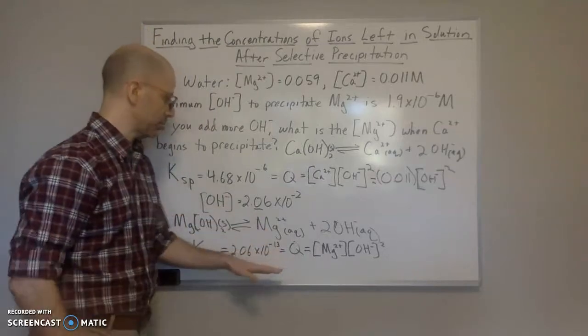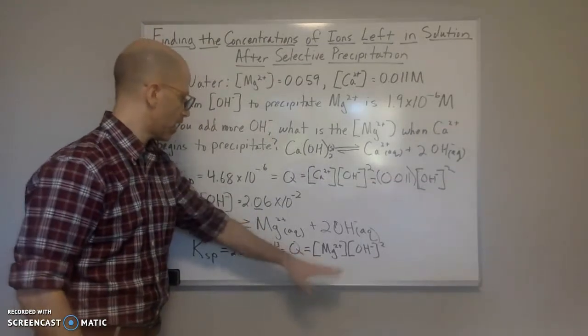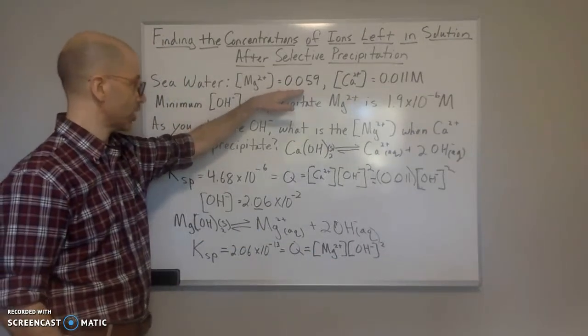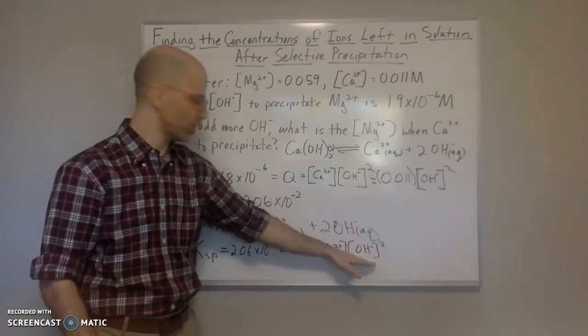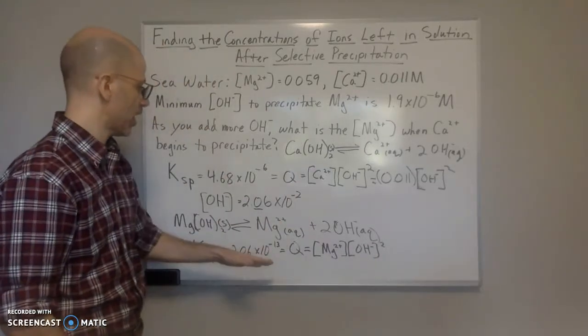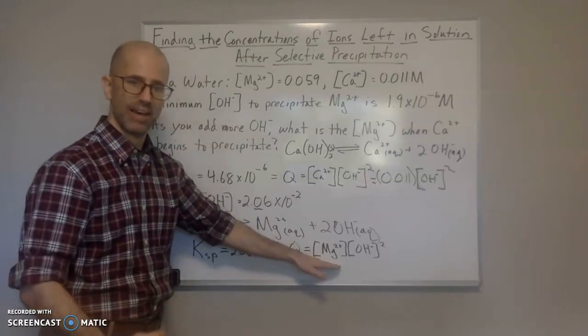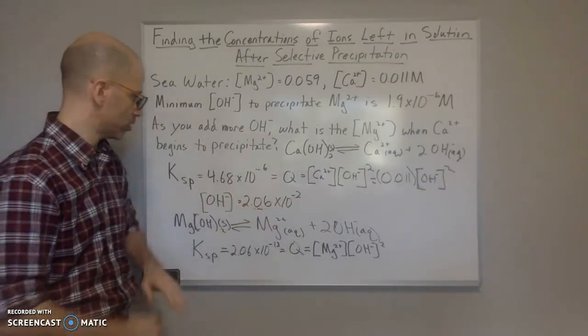But this time, last time we plugged in the value of the magnesium concentration to find the minimum concentration of OH. That was the last video I did. But this time we want to find the minimum amount of magnesium that's left at this concentration of OH.